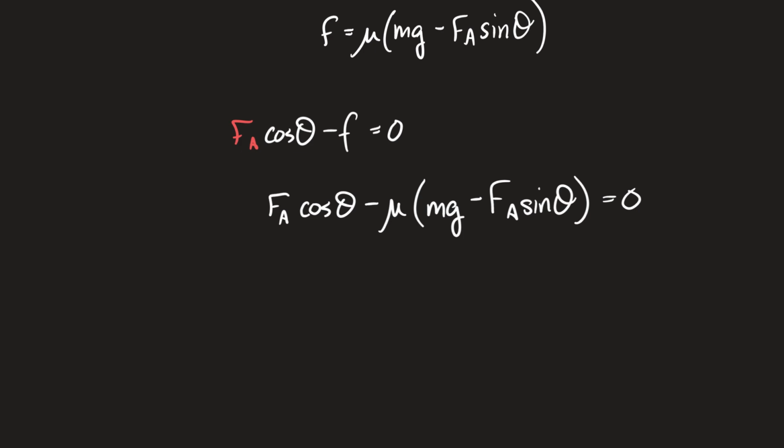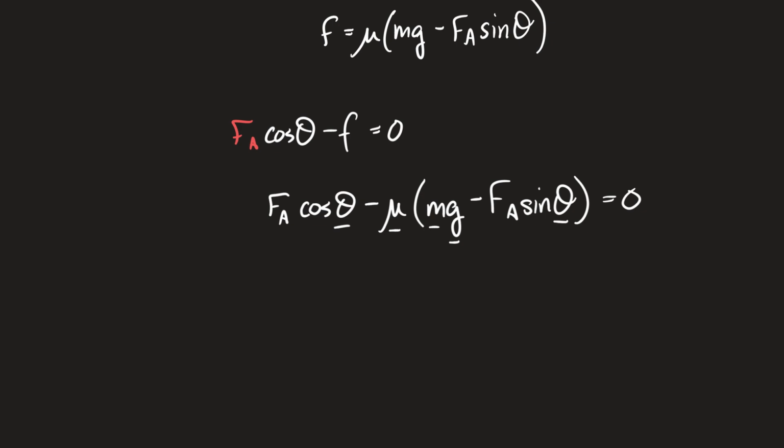That's all the substitutions. Every bit of it. We're not done, but at least we know theta, we know mg, and we know mu. This equation has one unknown in it.